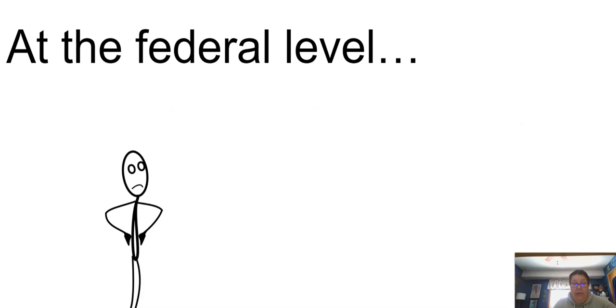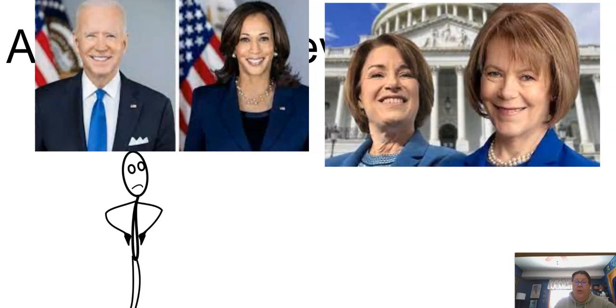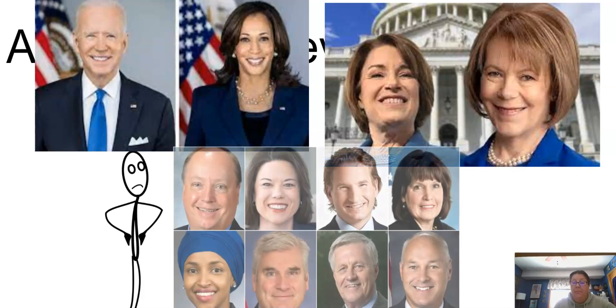Well, at the federal level, let's just go through this again. Here are 2 of them. The president: you are a constituent to the president because his constituency, the territory he represents, is the entire United States. You are a constituent to each of these U.S. senators because they represent the entire United States at the federal level in Washington, D.C., in the United States Senate.